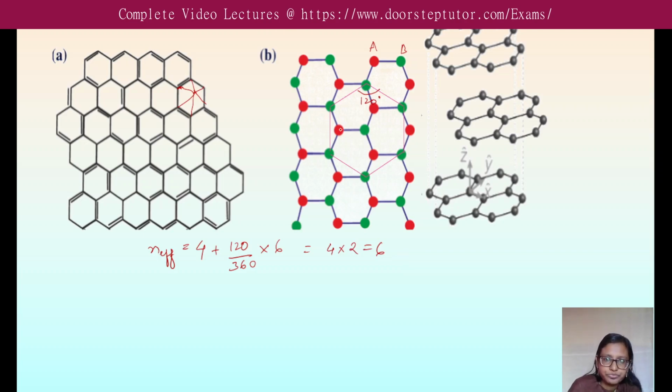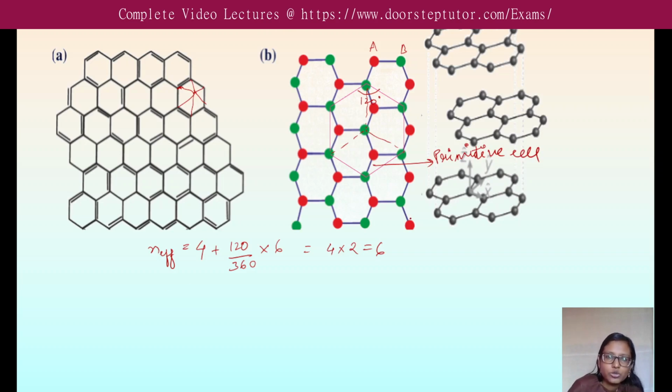So now, if we consider the primitive cell, which one will be the primitive cell? See here, just join these atoms. So this parallelogram is a primitive cell. And there are 3 primitive cells.